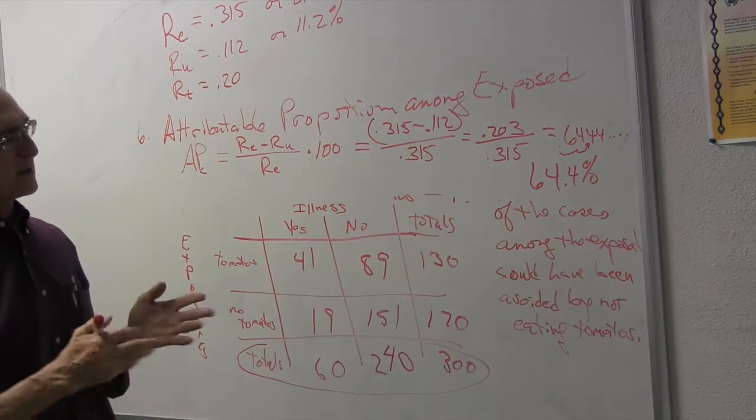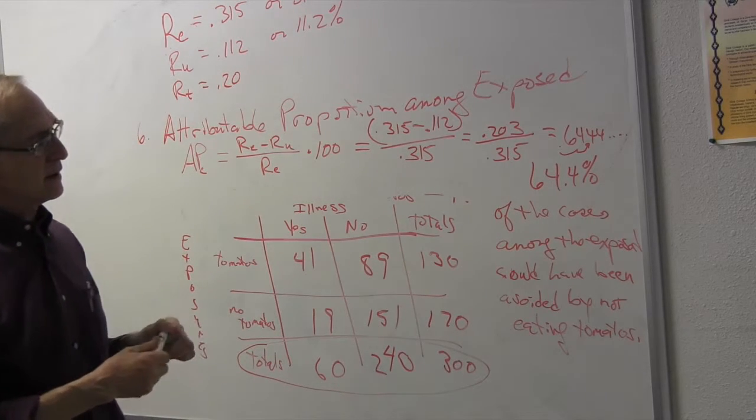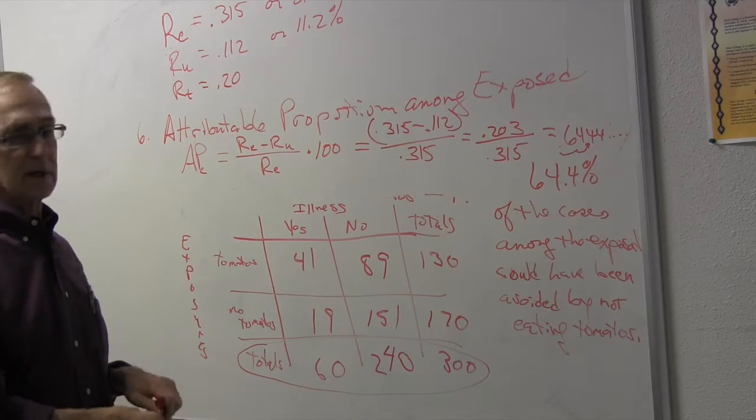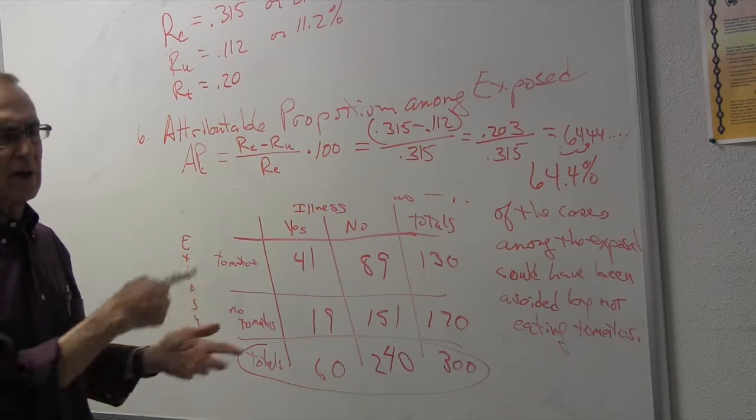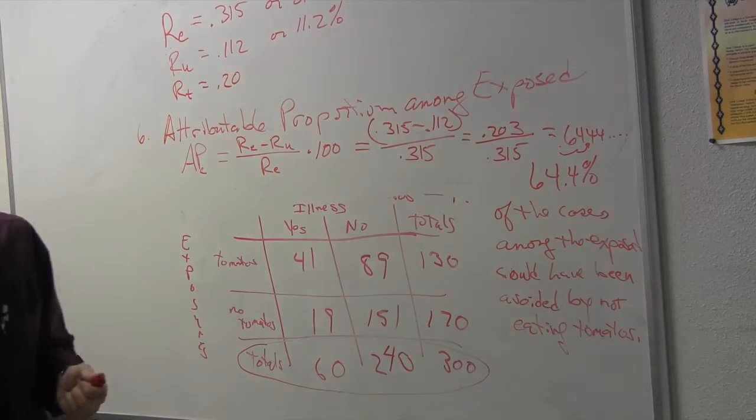Okay, so among the exposed, 64.4, that's almost 2/3 of the cases could be attributed to the tomatoes. The rest of the cases were some other food that must have been contaminated.